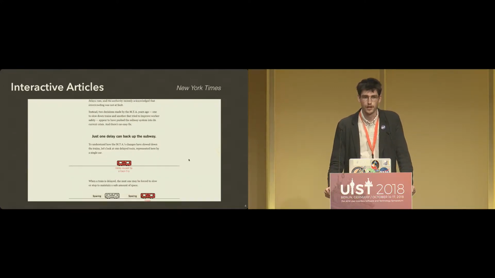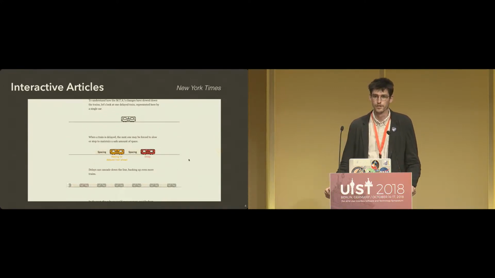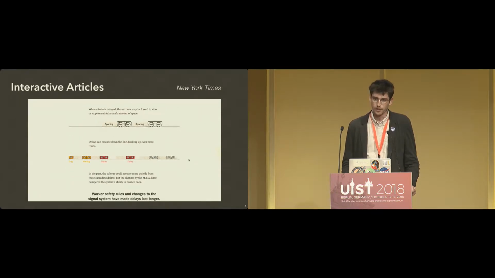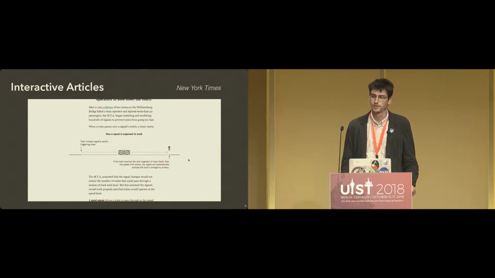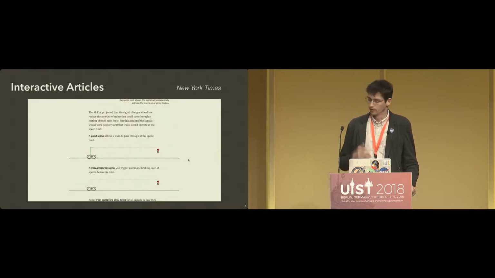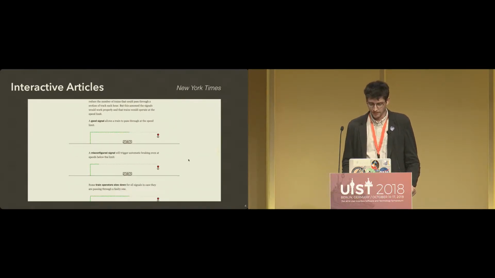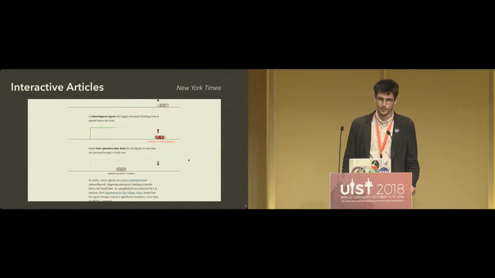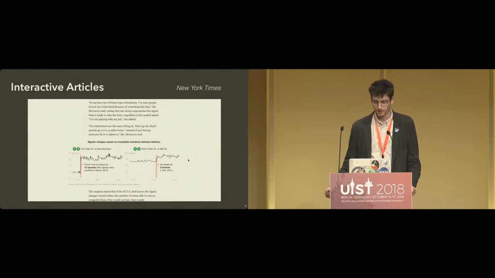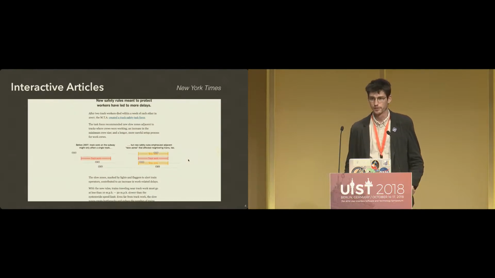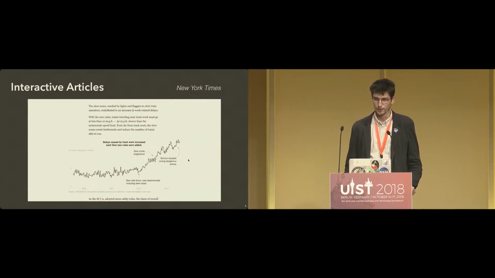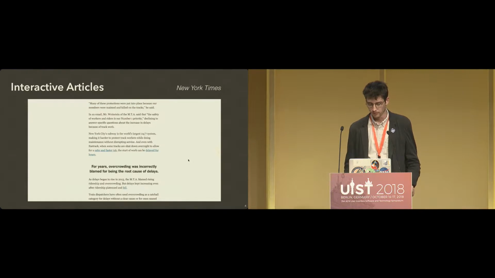This style of article is also popular in news media. So for example, the New York Times publishes a lot of really rich multimedia articles. The Guardian and 538 are also known for publishing this style of article. Here we're looking at something that is explaining why the New York City subway system has so many delays currently, and you can see that there's, again, data visualizations, animations interspersed in the text itself.